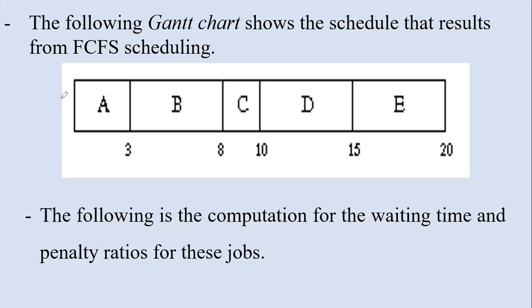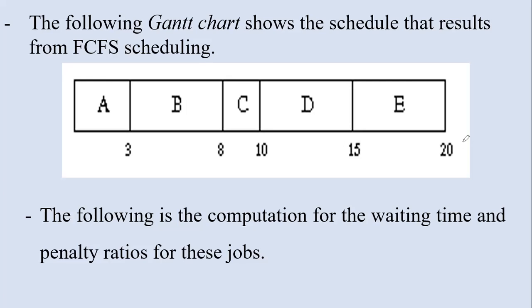Therefore, process A will take a total time of 3 to complete execution. Process B will be executed and complete at time 8, C at time 10, D at time 15, and E at time 20.